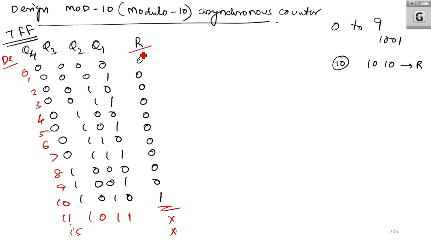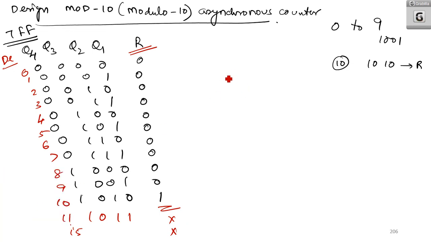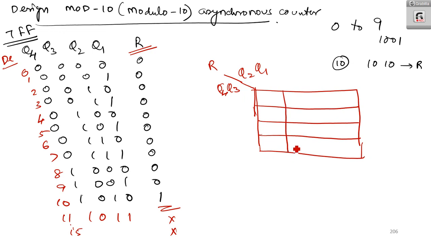Now we need to derive the expression for R. That is the only case we have here. So I am drawing the K-map. You go for a 4 variable K-map. So here what we have is Q4, Q3, Q2, Q1. This is the reset.